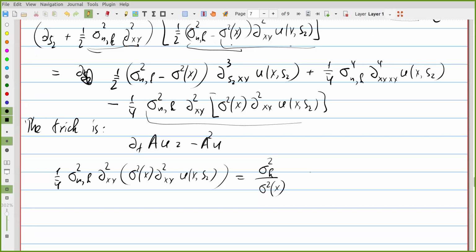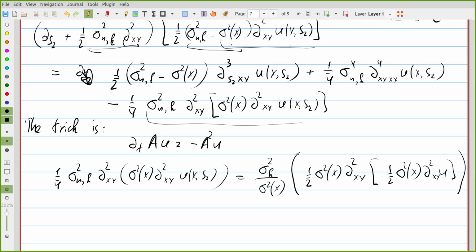In the end, 1/2 σ² x ∂²_xx, and here stands again 1/2 σ² x ∂²u.